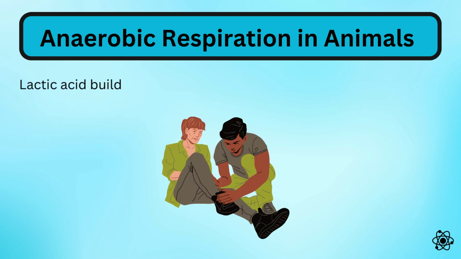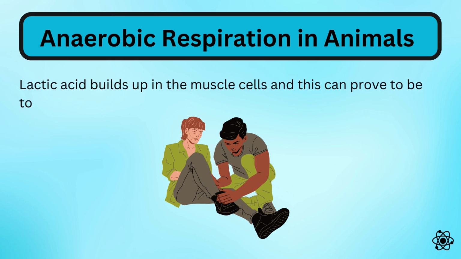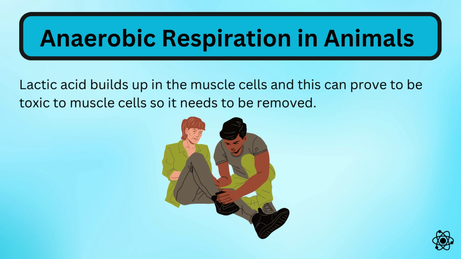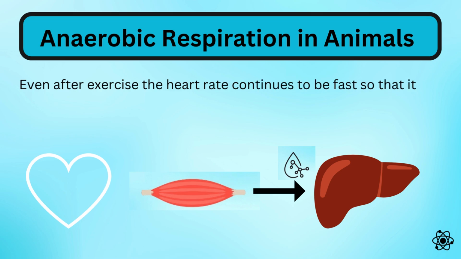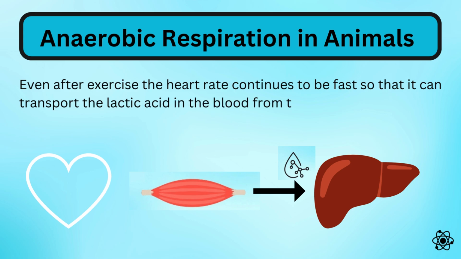Lactic acid builds up in the muscle cells, and this can prove to be toxic to muscle cells, causing cramps, muscle fatigue, etc. So, it needs to be removed even after exercise. The heart rate continues to be fast so that it can transport the lactic acid in the blood from the muscles to the liver quickly.